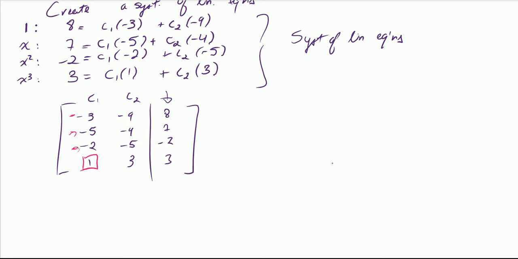So I'll do row 3 equals row 3 plus 2 times row 4, then row 2 becomes row 2 plus 5 times row 4, and row 1 becomes row 1 plus 3 times row 4. Because you remember from Gaussian elimination, or Gauss-Jordan elimination, I'm just getting rid of my coefficients here. I'm trying to get them to be 0.